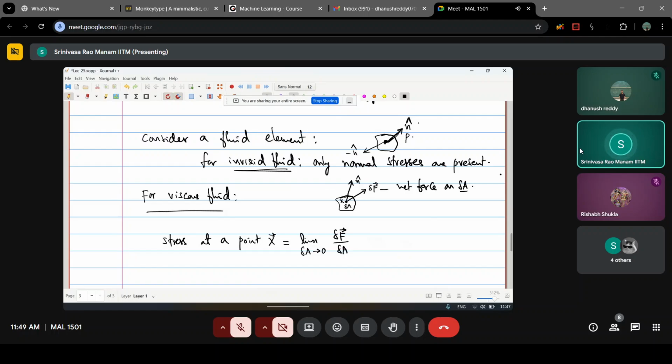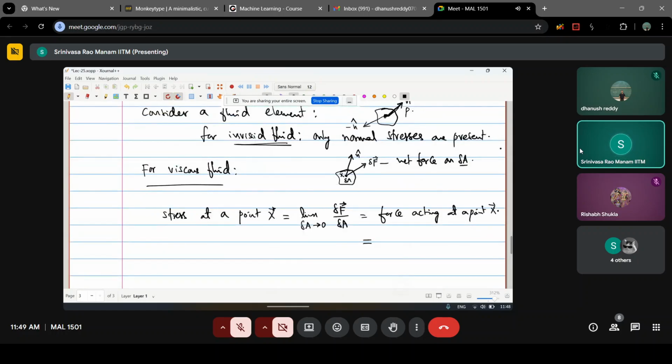Now, if delta A goes to 0, this is actually the force acting at a point x bar. This is what we call the stress vector.